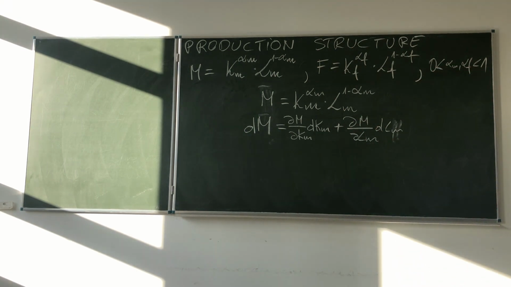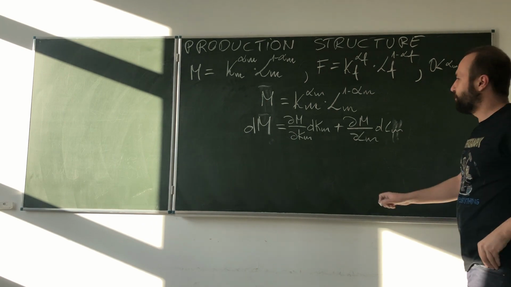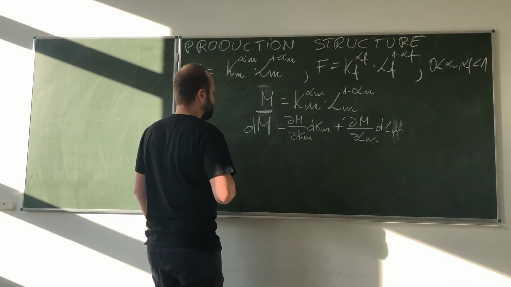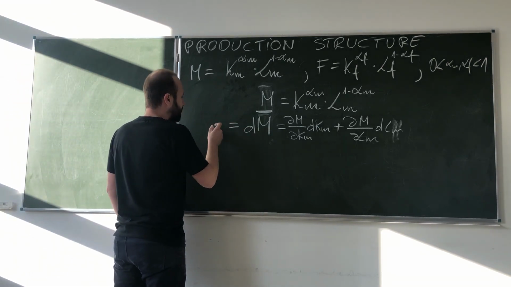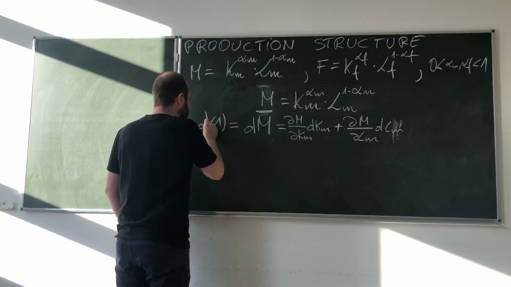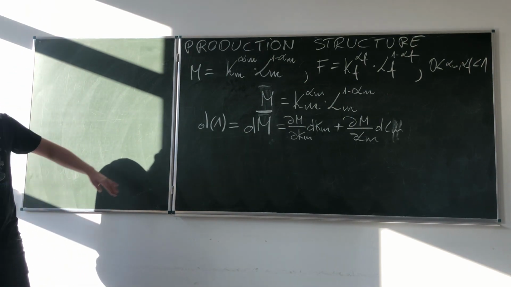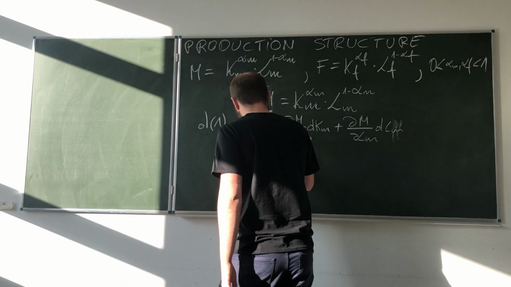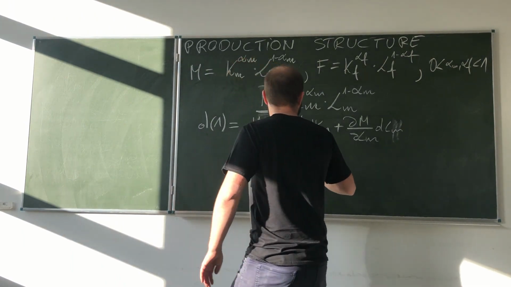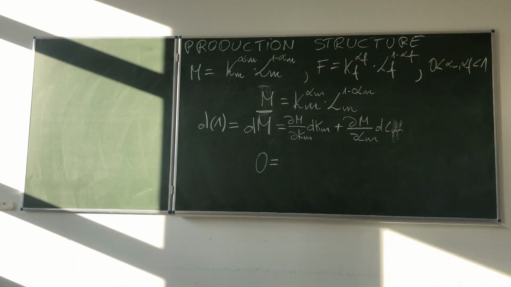But what if I want to keep the amount of manufacturing constant, or what if I want to just keep producing 1 unit? Of course, the differential of a constant is 0, and then all we have to do is to calculate appropriate derivatives.